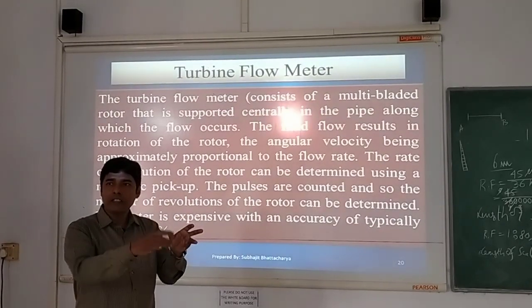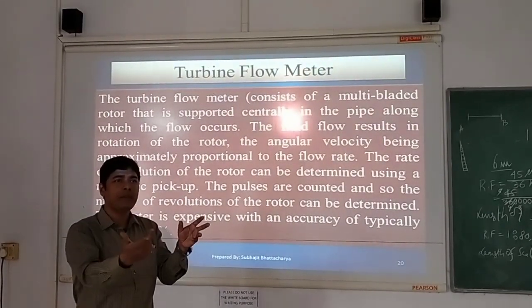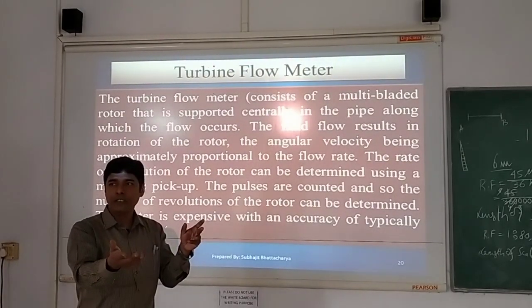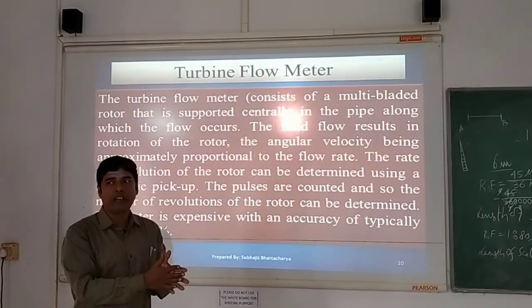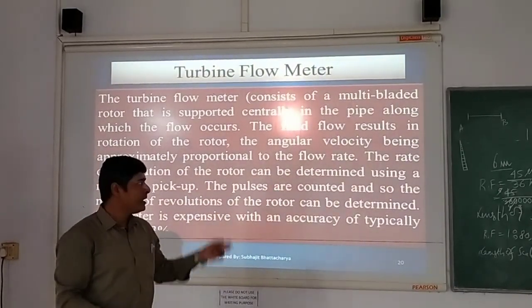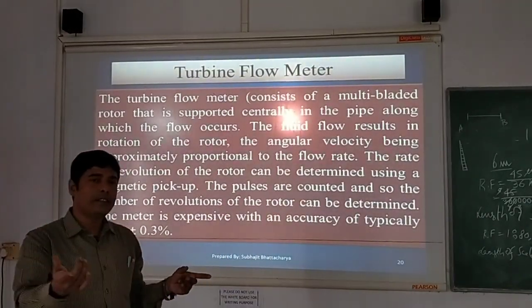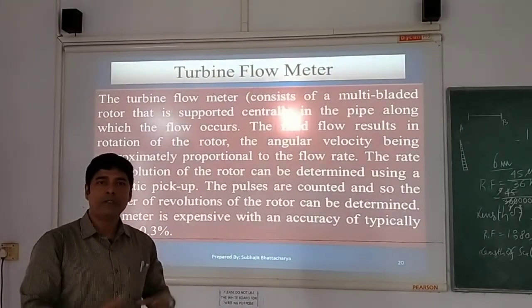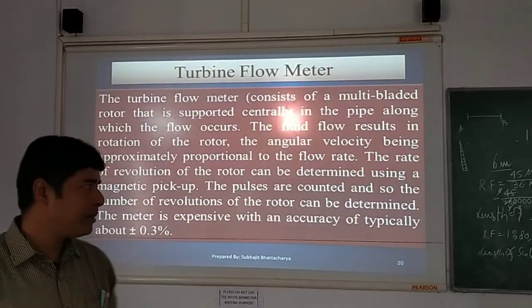Then, like the tacho generator, you place a pickup coil near it, and as it rotates, an alternating current or EMF will be induced in the pickup coil. With the same principle as the tacho generator, you can measure the fluid flow velocity, or the number of pulses generated can be calibrated against the flow, and it will indicate the flow measurement. Okay, that kind of sensor can be used.